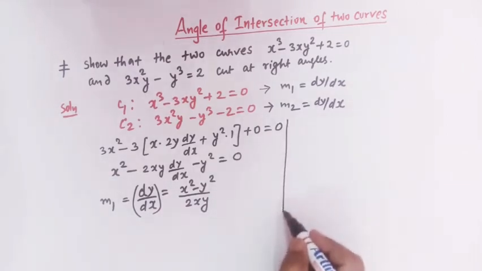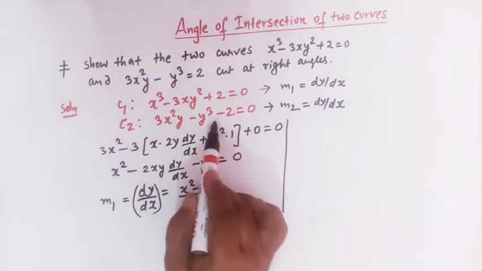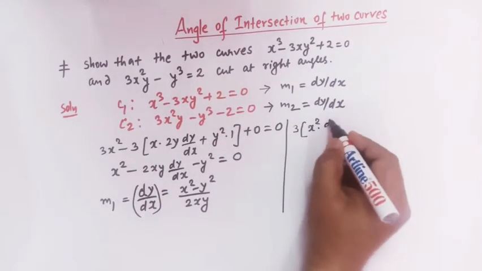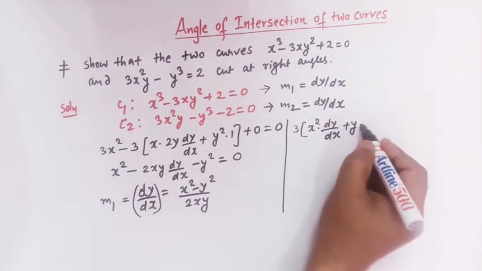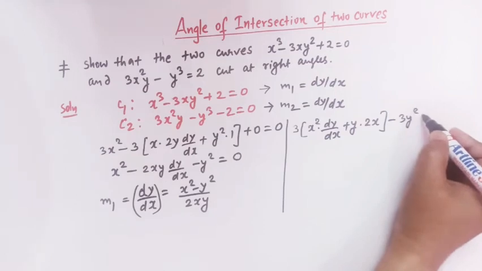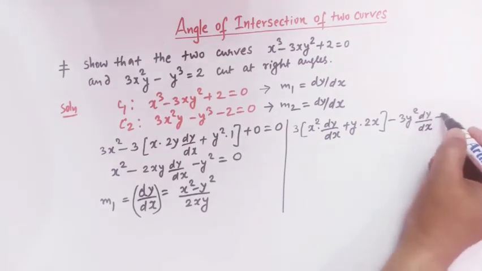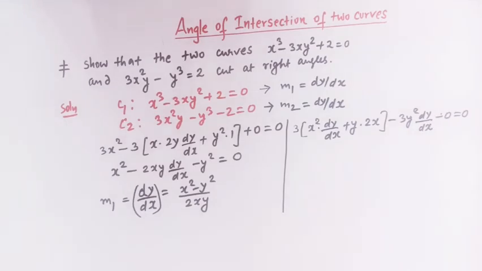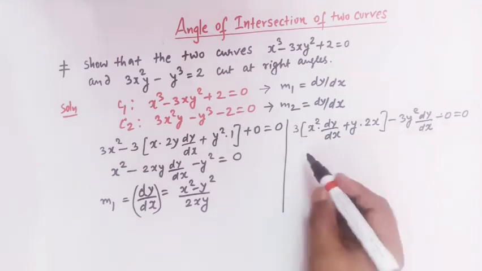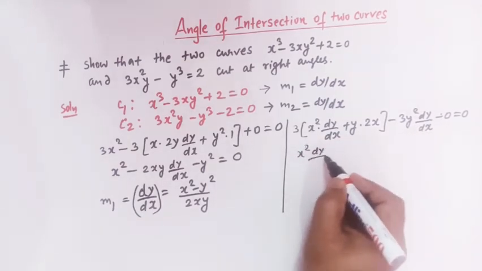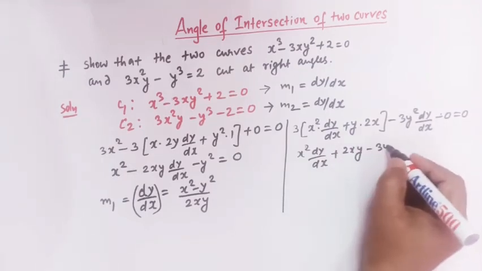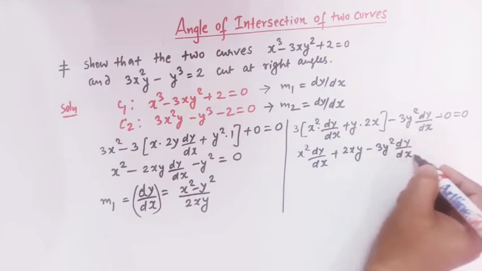Now again differentiate this equation. So we have 3x square times dy over dx plus y times 2x, and then we have minus 3y square dy over dx minus 0 equal to 0. Now simplifying it and dividing throughout by 3, we have x square dy over dx plus 2xy minus y square dy over dx equal to 0.